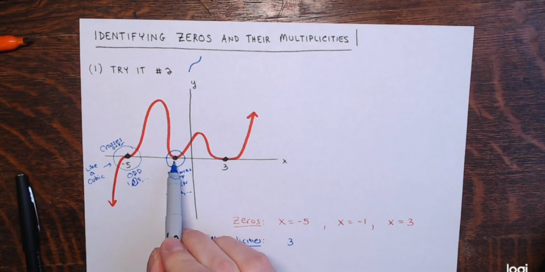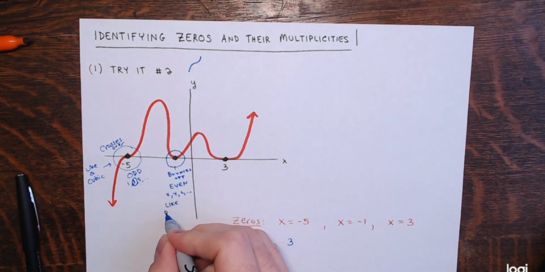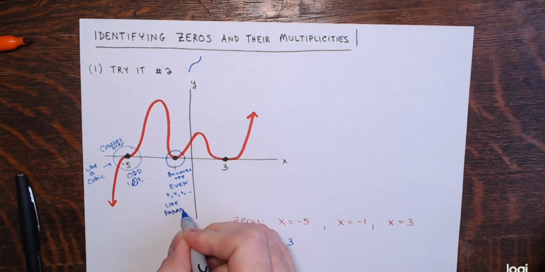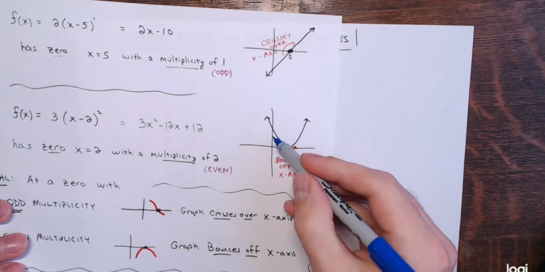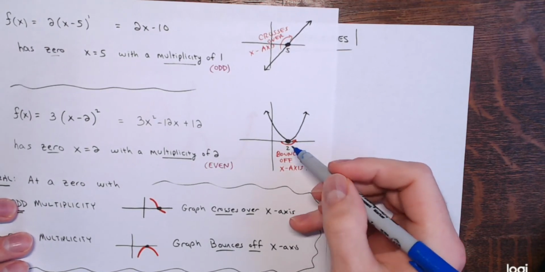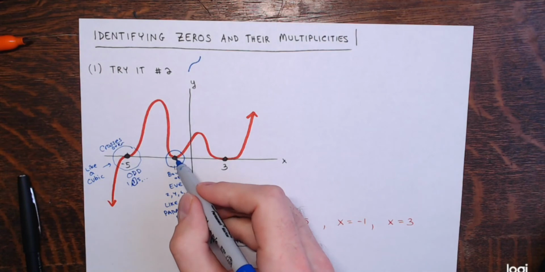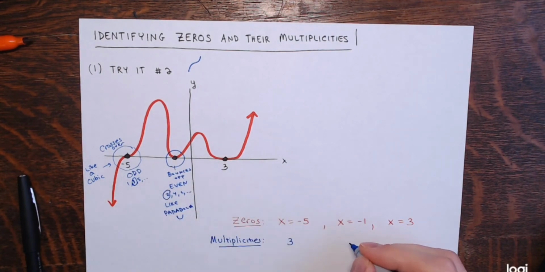It's like a parabola, just coming down and curving up, like in the example I showed earlier. A parabola will just simply touch and bounce off, and it's not very flat at all. So based on that look of the graph at this 0, I'll say the multiplicity is 2. So let's say x equals -1 has a multiplicity of 2.